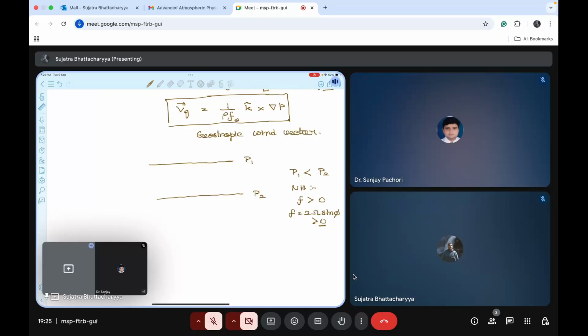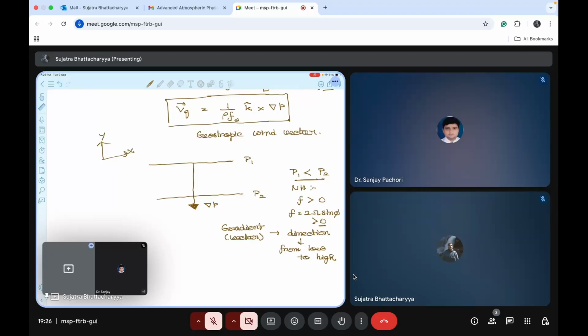Right? Grad P. Remember, the gradient is a vector, and its direction is always from low to high. This should be the direction. So for grad P, since P1 is less than P2, its direction should be from low to high. This is the direction of grad P. Okay. Now, suppose this is your xy plane.